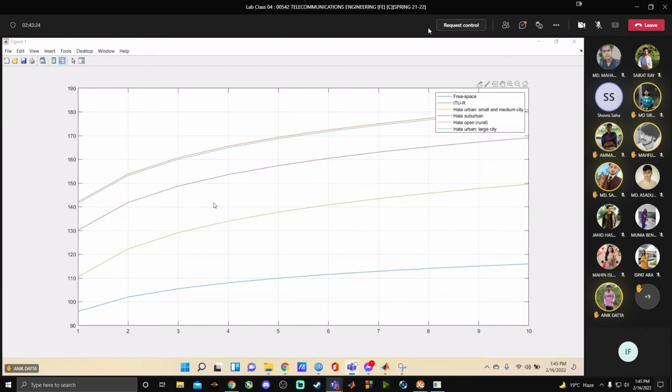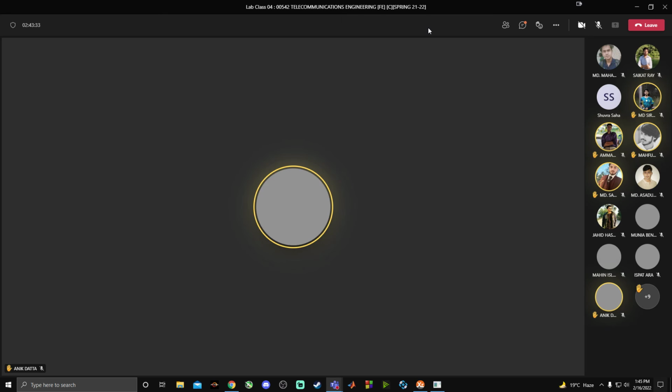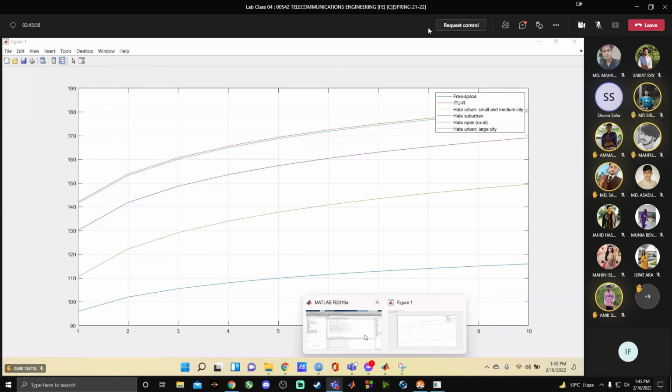Now, Anik, go back and let us change the base station antenna height. This is another path loss variable. Code যাও, go to the code.